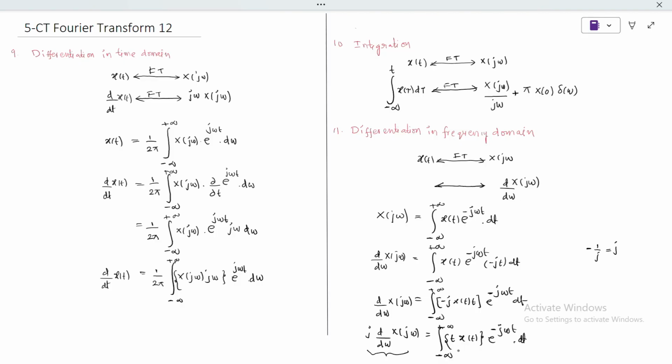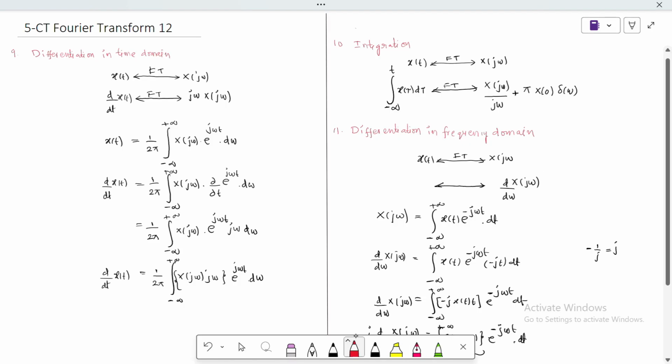So these are the Fourier transform pairs. So we can write this is j and t into x of t.